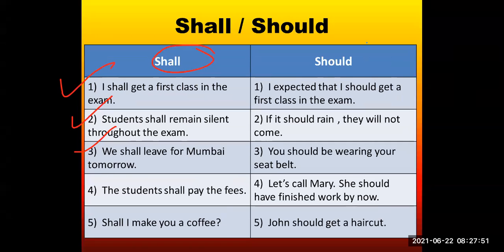Next, shall is used: Shall I make you a coffee? Here the offer is there. The person is offering something to someone: shall I make you a coffee? So when we are offering, use the modal auxiliary shall. When we want to give any advice or suggestion, use shall, as in: shall I call again on Thursday?